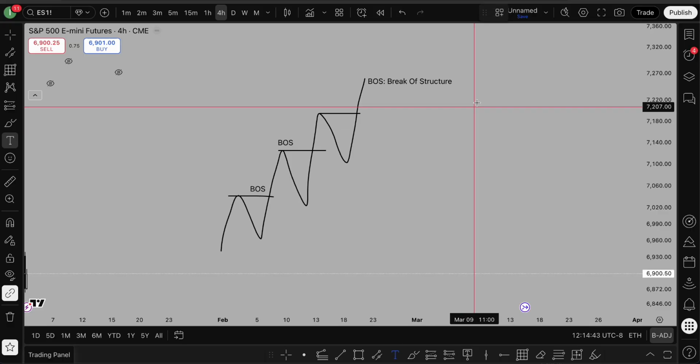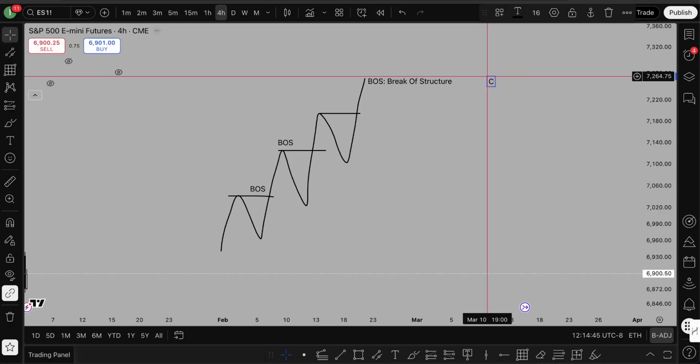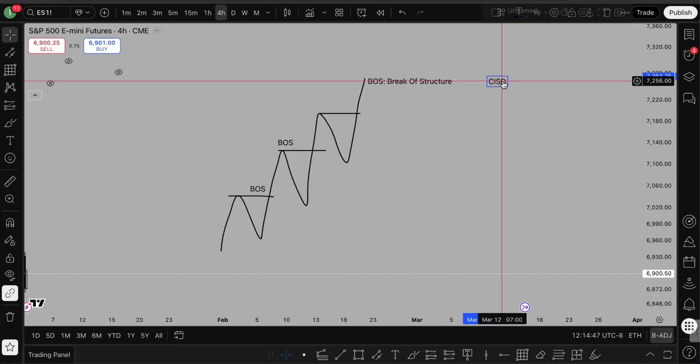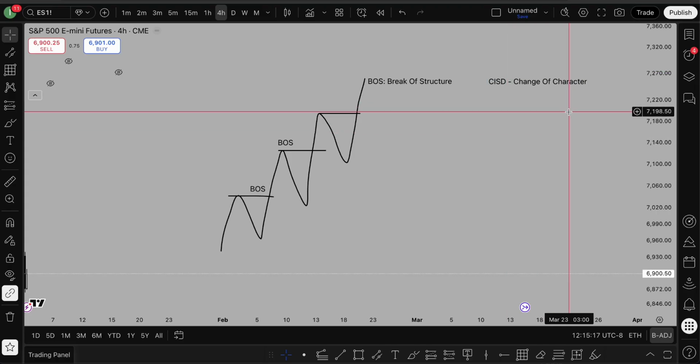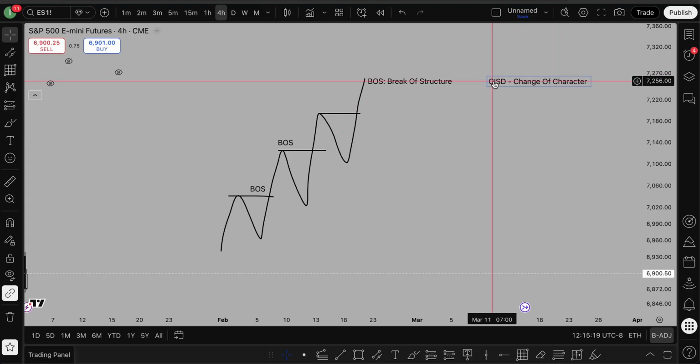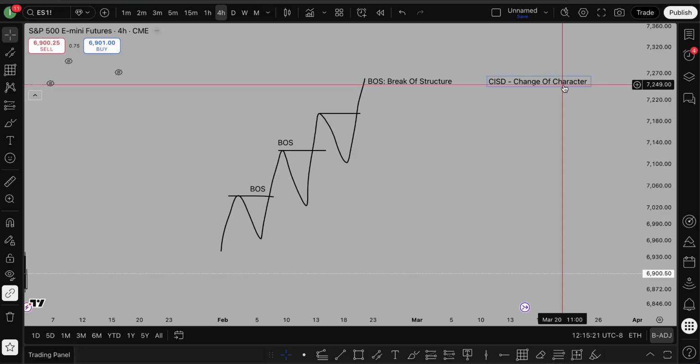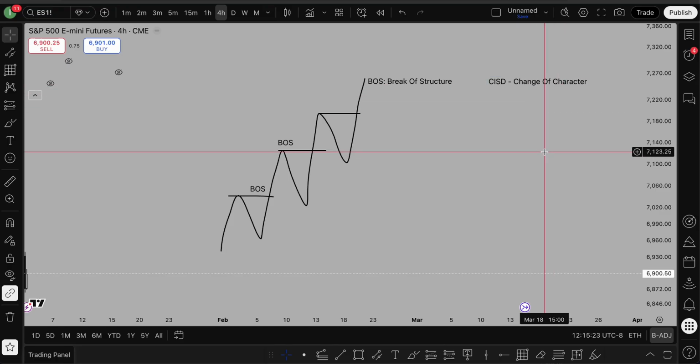Now, I'm also going to mention CISD, or some people also like to call it a change of character. Anyways, a change in the state of delivery and change of character is the same thing.